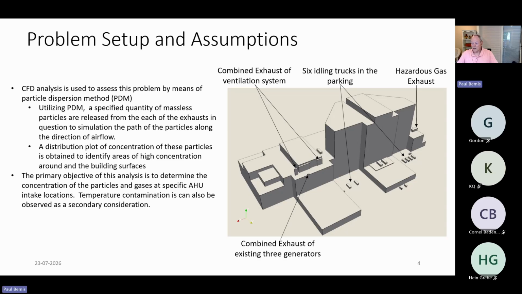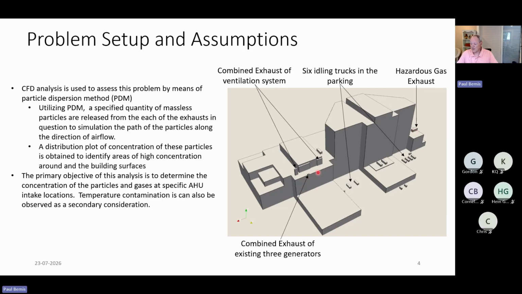So the way that that is done is to define the exhausts and the location of the vehicles. These are trucks parked, idling. And so there's hazardous gas coming out of these. There's also some kind of hazardous gas coming out of a device over here. Don't know what that is. These are hospitals, so it could be anything, but they don't want that to get into the intakes either.